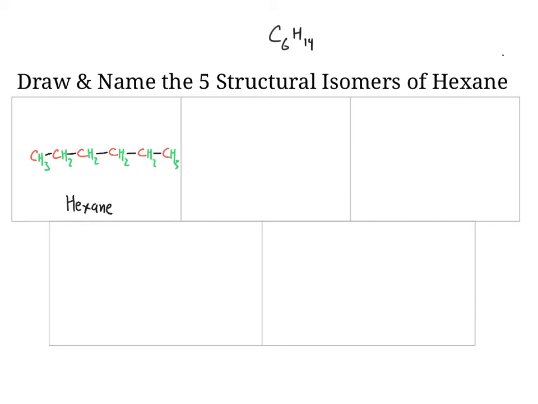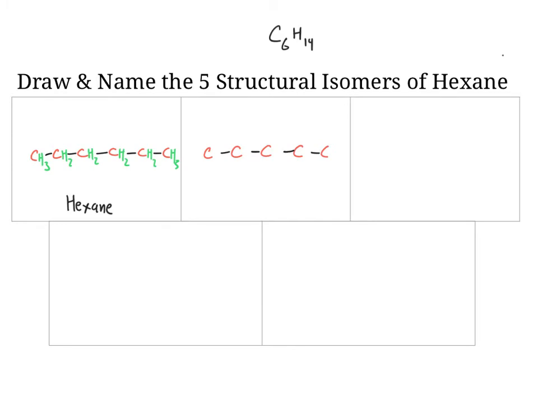So then when I go ahead and draw a different structural isomer of hexane, what I do is I remove one of the carbons and I make it a branch. So if I remove one of the carbons, it goes from being a 6 carbon long parent chain to a 5 carbon long chain. So 1, 2, 3, 4, 5. And then I'm going to bond them together singly, just like we've been doing.